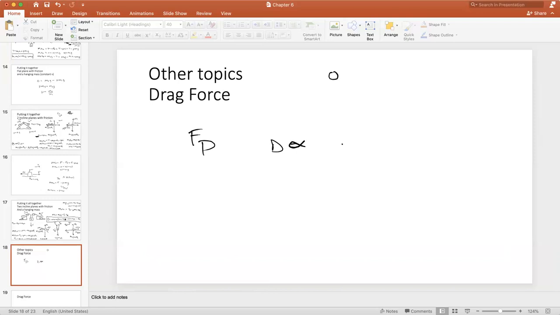We're going to assume it's approximated by a few things. The number one most important is V squared, the velocity squared of whatever's falling. The faster it goes, the greater the drag force. And in fact, it's exponential, or a power, to the power of 2, okay?